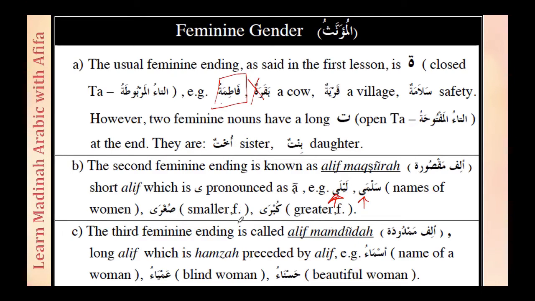How did you know that? Because there was an alif maksura at the end. We talked about alif mamduda: asma'u, hasana'u, amya'u. Why? Because it ends with an alif and hamza, hamza preceded by alif. These are also markers of feminine words.